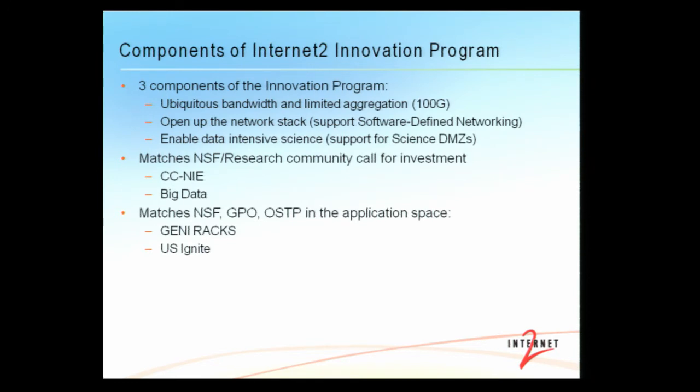This also matches up well with the GENI effort to create GENI racks, and the US Ignite initiative to create new applications that take advantage of software-defined networking. So we've been pushing this both on our own backbone, but also into the regionals and campuses, and trying to create incentives for the entire US academic networking infrastructure to lift itself up into this space. Next slide, please.